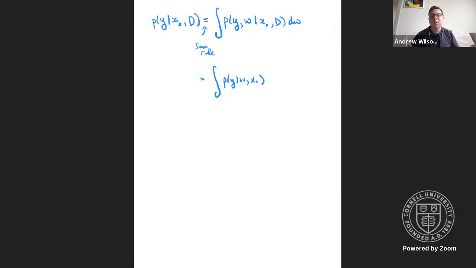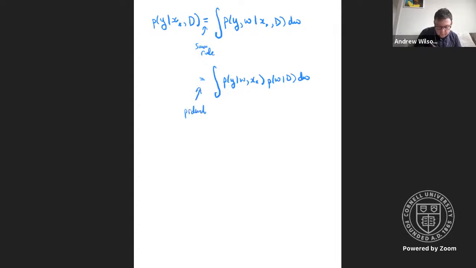If we know what w is, then we don't need the data. We use the data to try to learn what w is. So I could write conditioned on data as well, but it's superfluous. In this instance, there's a conditional independence if we know what the parameters w are, times the posterior over the parameters given data, dw.